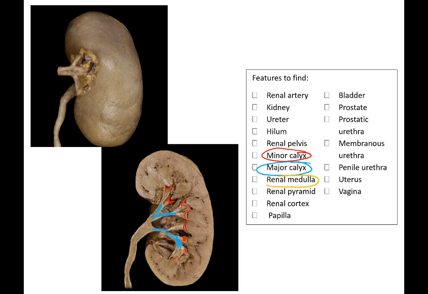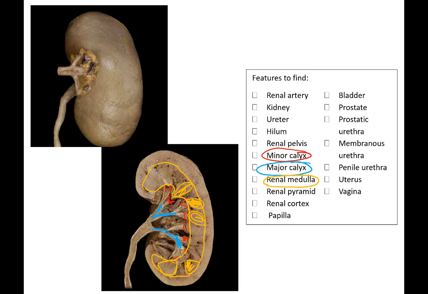The renal medulla is this whole area that's sort of bound. This defines the renal medullary area, where the pyramids are these, not always pyramid shaped in this particular picture. They tend to be a little more pyramid shaped in other kidneys.